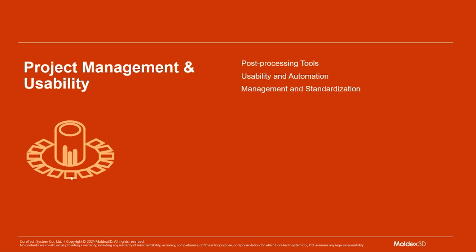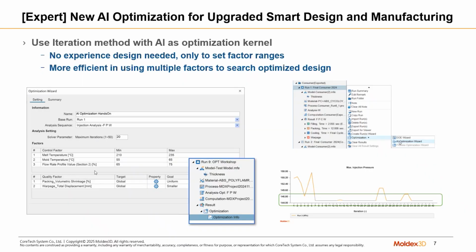All right, starting off with project management and usability. I'm going to start off with a couple of the heavy hitters here. First of all, we have a new capability through our DOE function. Instead of just being able to run the typical DOE, which you still have the capability to do, we have a new option here called the AI Optimization Wizard.